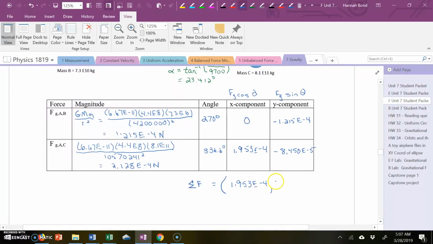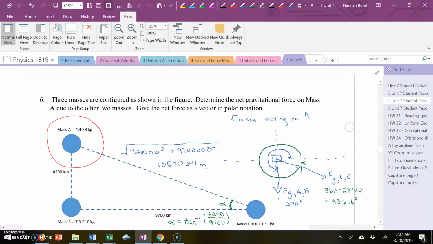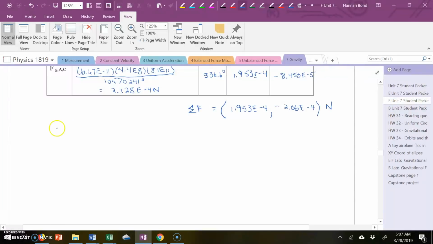And so I get a negative 2.06 e to the negative fourth. Okay, that actually is the net force, but it's in rectangular notation. And this problem asked us to give the answer as a vector in polar notation. Therefore, I just need to make this into polar notation by finding the magnitude.